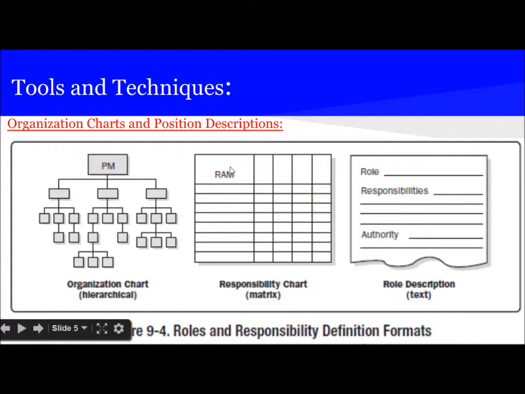Next is a RAM, which is responsibility assignment matrix, also called RACI chart. RACI is responsibility, accountability, consult, and inform, and we will see about this in detail in the next slide. And this is role description in text form, which contains role, responsibility, and authority.